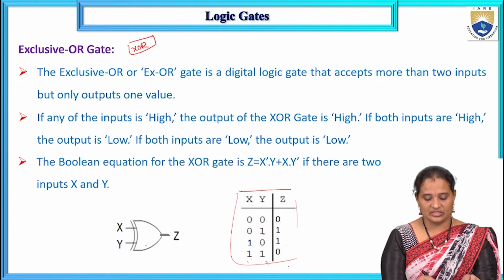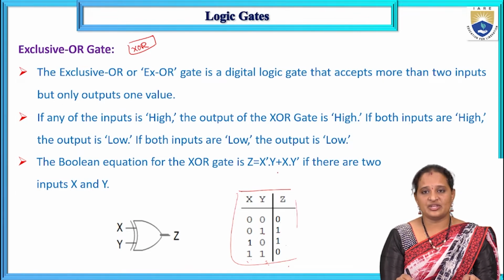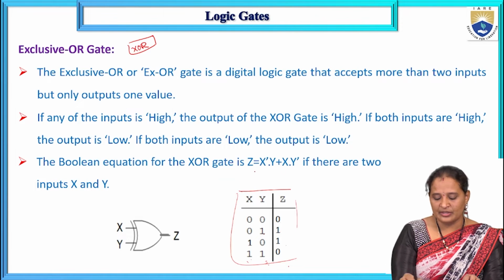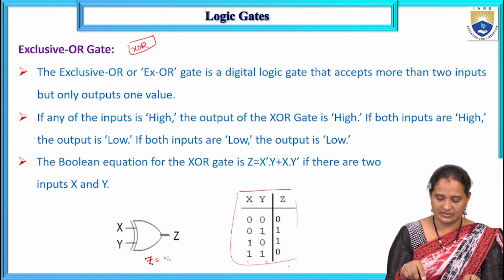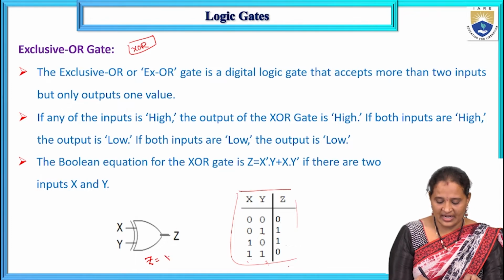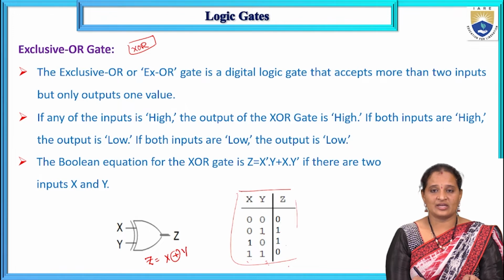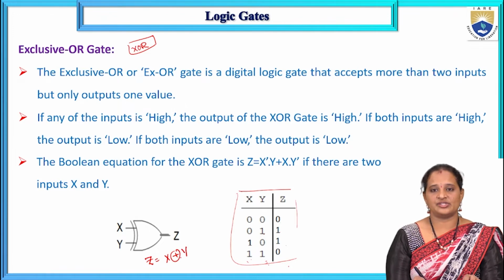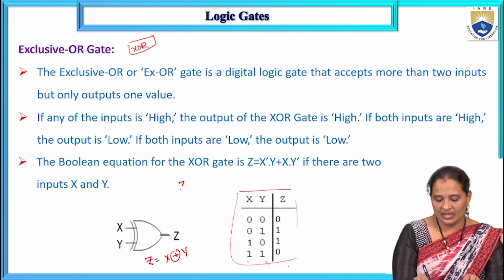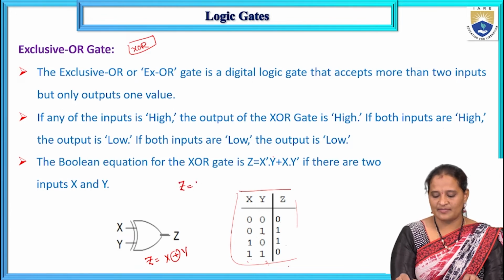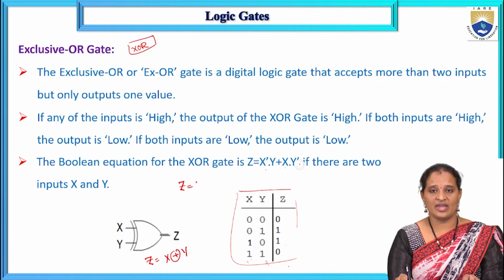So this is the symbol of the exclusive OR gate, and the Boolean expression for the exclusive OR gate is given by X XOR Y, where a plus inside a circle represents the XOR operation. This XOR operation can also be written as X bar Y plus X Y bar.